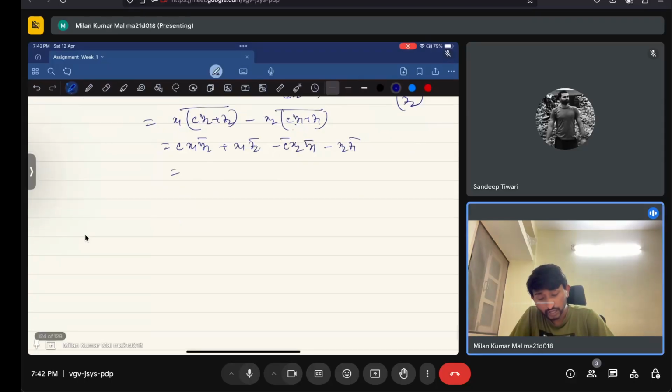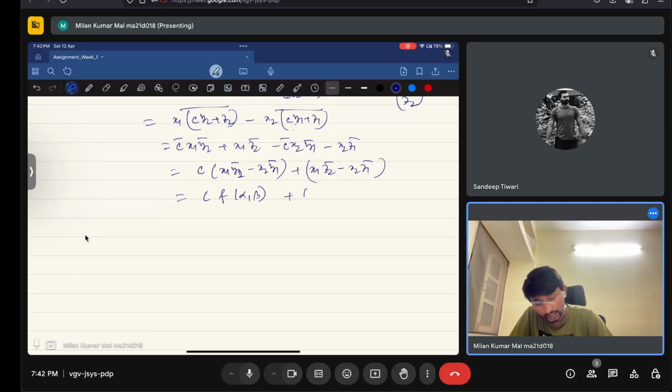So therefore, we have c bar times x1 y2 bar minus x2 y1 bar, plus x1 z2 bar minus x2 z1 bar. So this is c bar into f of alpha comma beta plus f of alpha comma gamma.